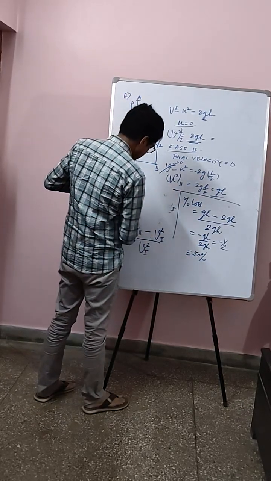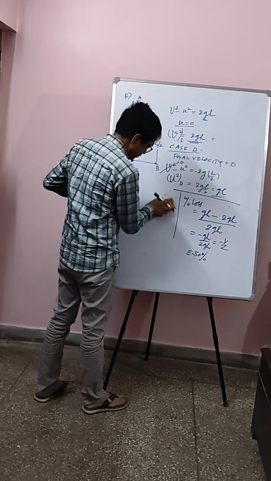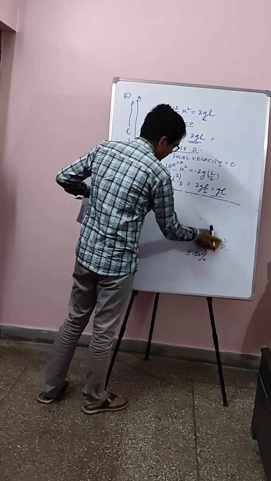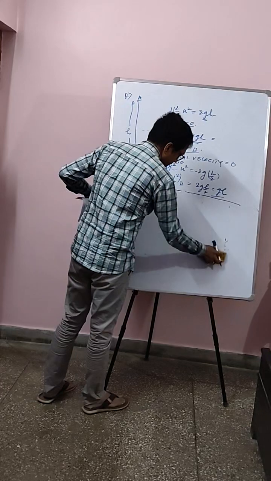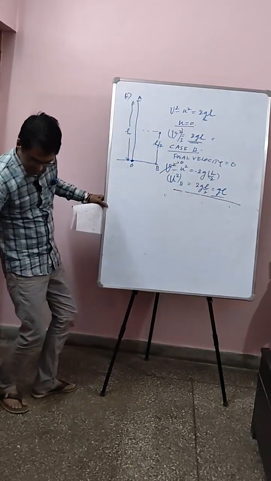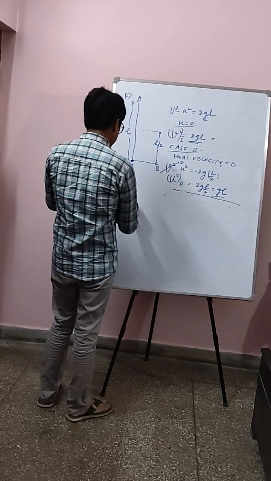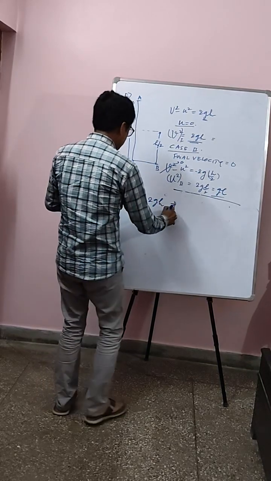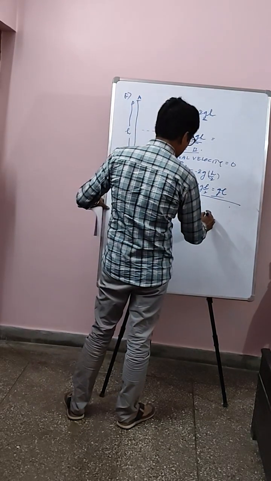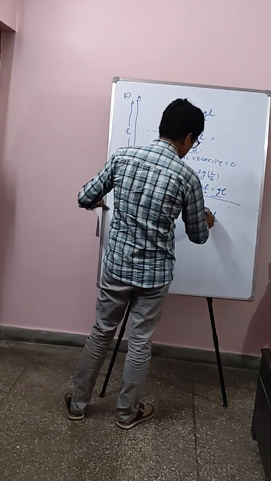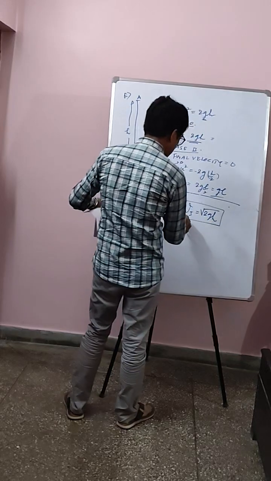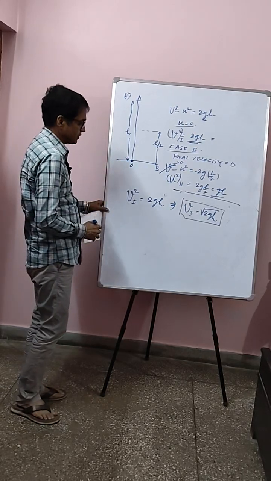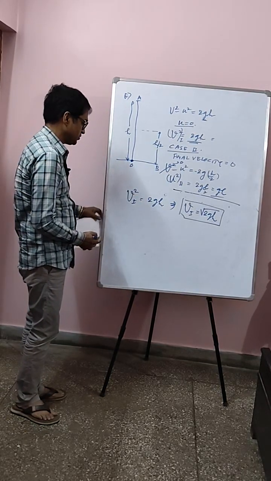The second part of the question asks what is the velocity when it hits the ground? So v square equals 2gh. So what is v? This is the velocity when the body hits the ground in the first case. So the answer is root under twice gh. Thank you.